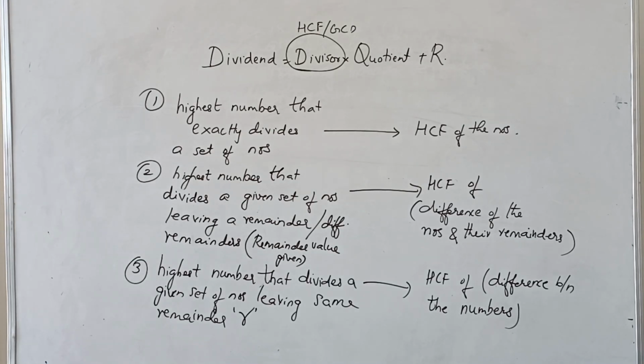Suppose they say a remainder of 7 in each case, or remainders of 7, 11 and 13 respectively. In those cases, we need to find the HCF of the difference of the numbers and the respective remainders. In the third one, when the remainder is not given to you, it is an arbitrary remainder, we need to find the HCF of the difference between the numbers.